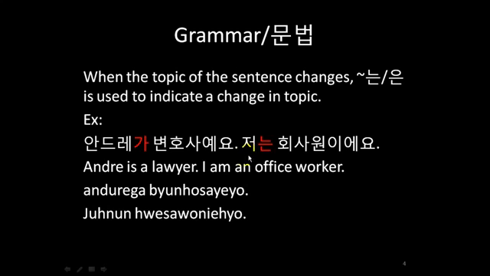So the second sentence used 는 to indicate that the topic of the sentence has changed. The first sentence expressed that Andre is a lawyer. However, the second sentence has changed the topic. In the second sentence, we are no longer talking about Andre. To express this change in topic, the second sentence uses the topic marker 는.